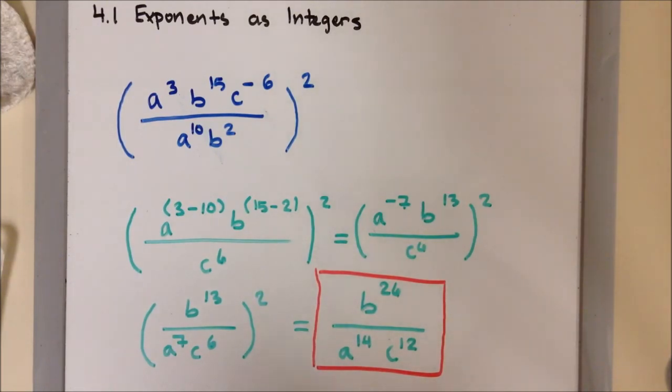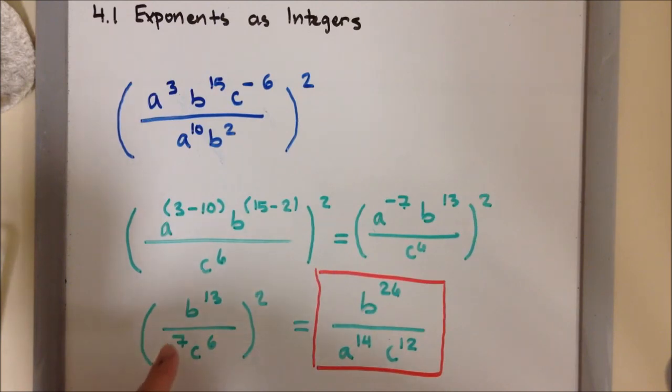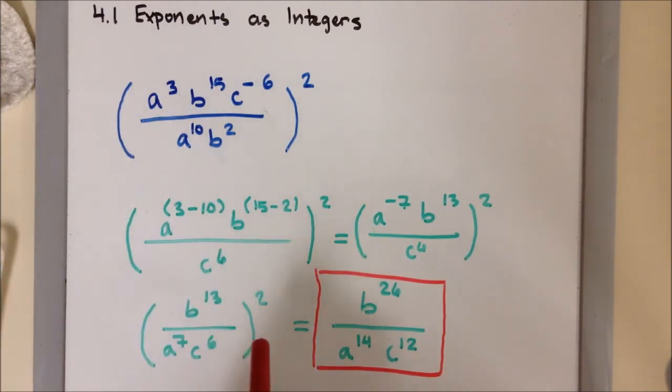Once I have all positive exponents, then I can continue working with the exponent outside of parentheses, which I distribute to the 13th, to the 7th, to the 6th, meaning 2 times 13, 26, 2 times 7, 14, 2 times 6, 12. And that's all you have to do.